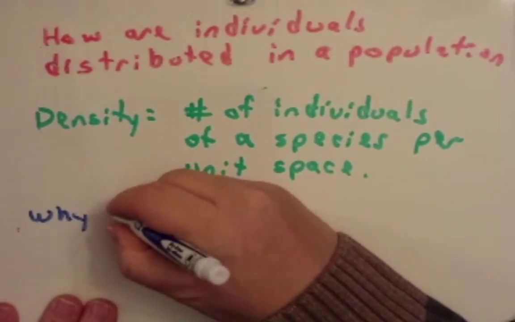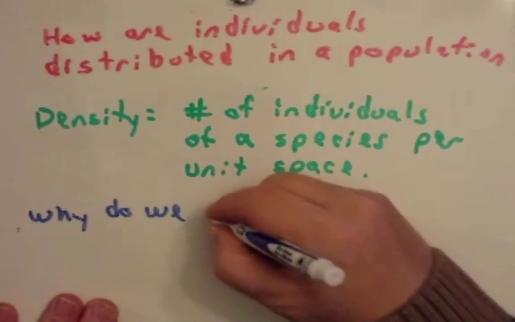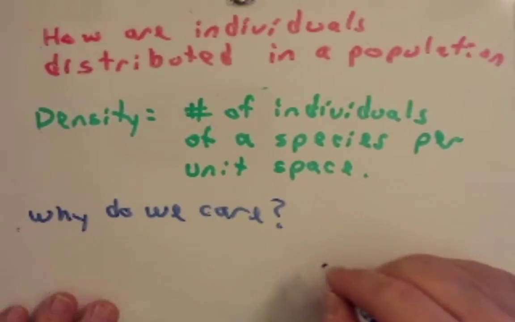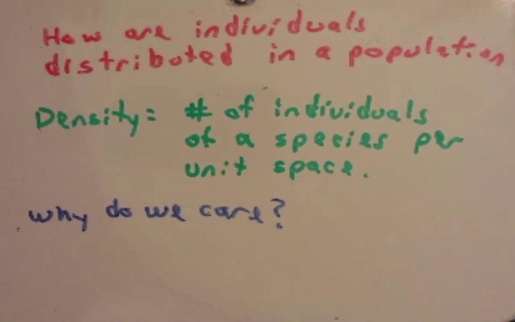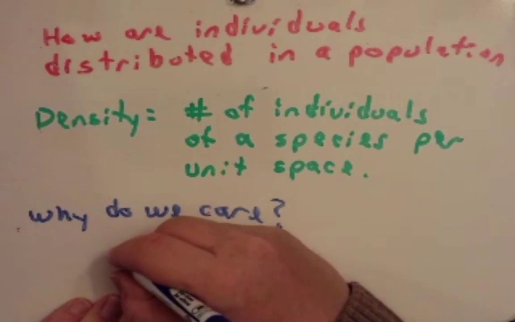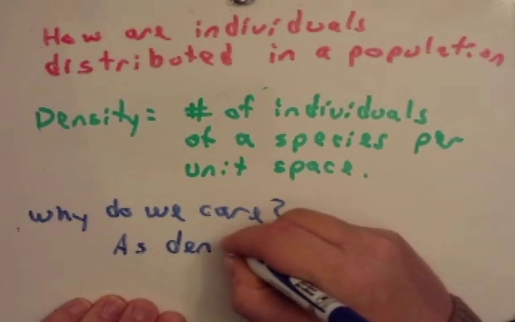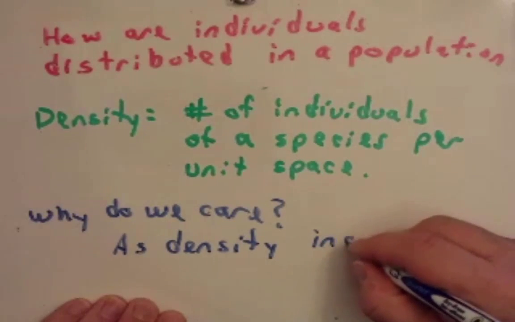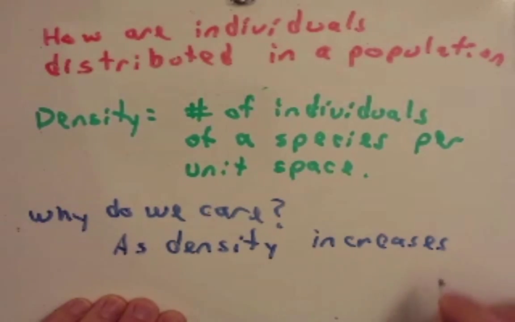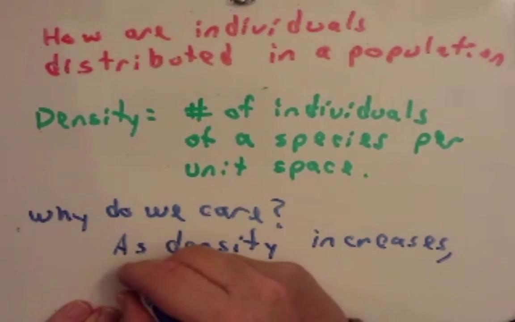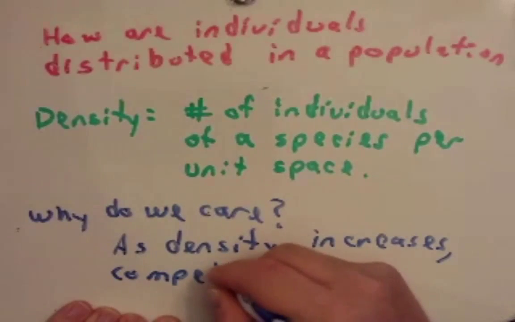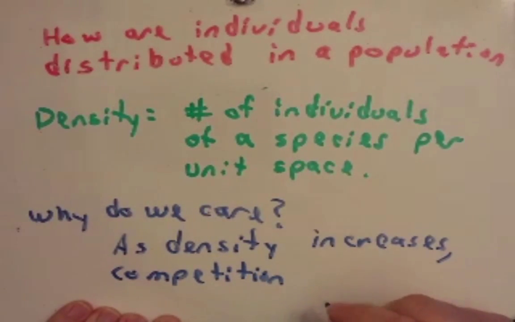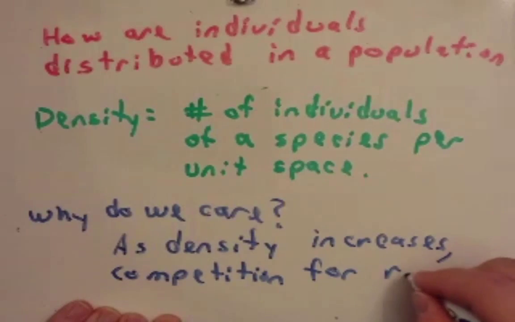Another thing you might say is, why do we care? There's a lot of reasons we may care about this, but to give you an example, as density increases, so as the number of organisms of that species increases per unit space, competition for the resources also increases.